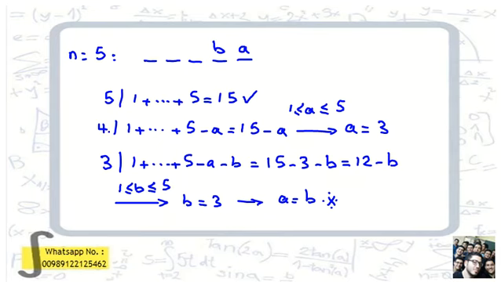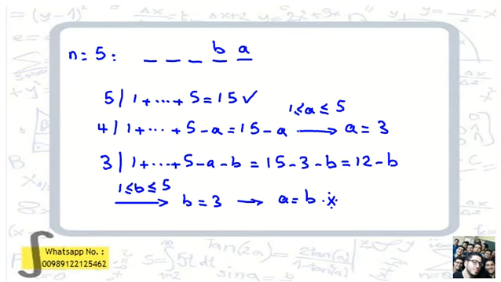So it is 15 minus a, if the last element is a. 4 divides 15 minus a. We have elements 1 to 5, so a is between 1 and 5. Since 15 minus a is a multiple of 4, the only a that satisfies this divisibility is a equals 3.